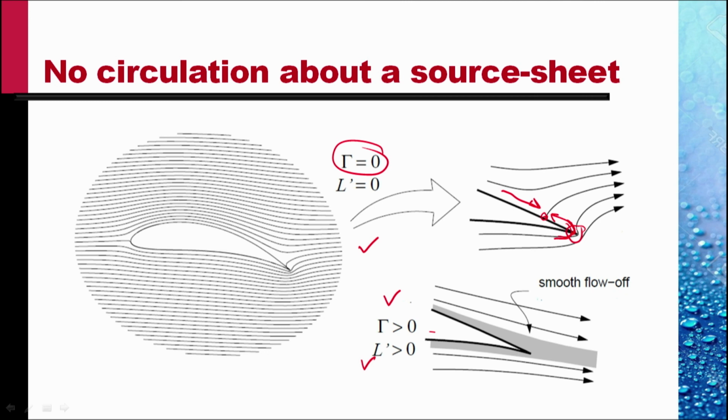As we increase the value of gamma, the circulation, this stagnation point shifts downward. And at one particular value of gamma, this stagnation point is sitting at the trailing edge. And the Kutta condition states that the actual flow is one in which the gamma is exactly equal to the required circulation to make the rear stagnation point sit at the trailing edge.